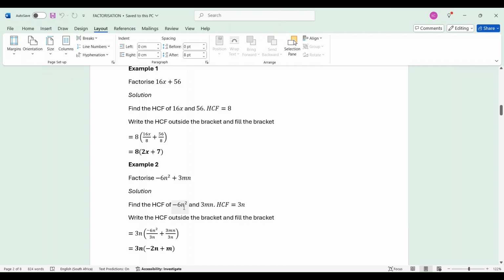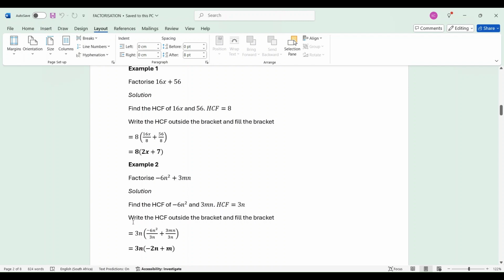Then in terms of our variables, here we have n squared, here we have n. So we take that variable which is common, but we take the one with the smallest power. Then here we don't have m, here we have m, so that one is not common.